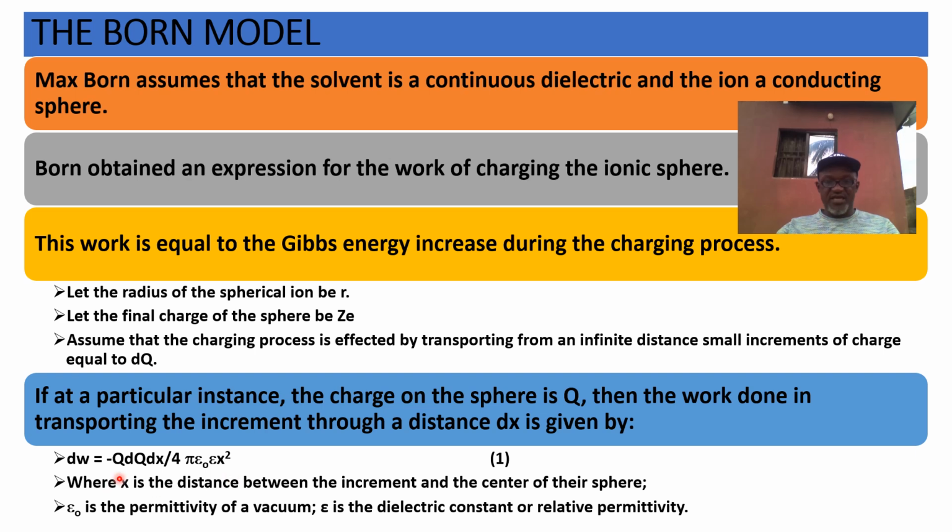This is playing out here still a kind of Coulomb's law, Newton's law. In this case now we're looking at charge in place of mass of either the planet or the earth or whatever we're looking for, where x is the distance and epsilon 0 is the permittivity of vacuum and epsilon is dielectric constant or relative permittivity.